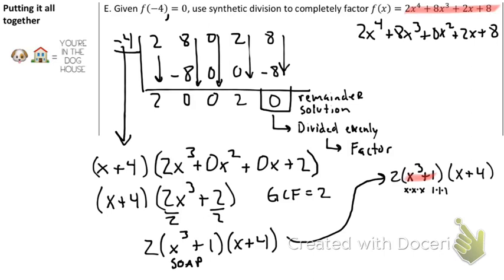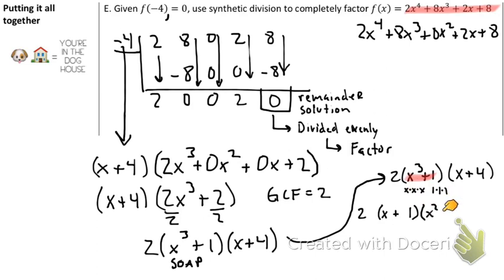I'm going to bring this 2 down and put it over here for now so I don't forget it. Then SOAP: first with last, so x plus 1, with the sign positive. Then first squared, which is x squared.